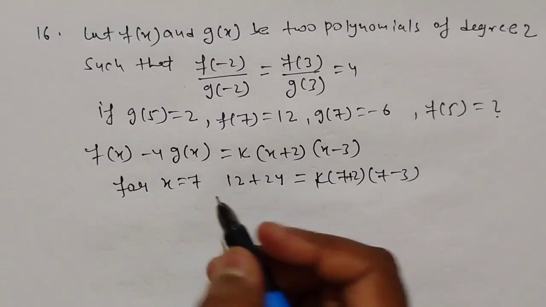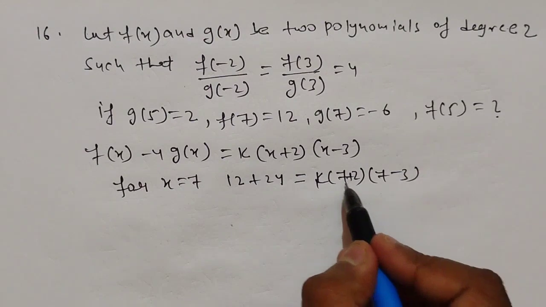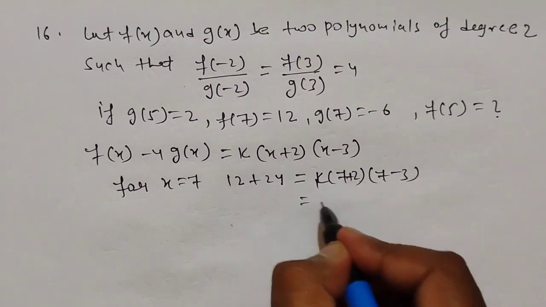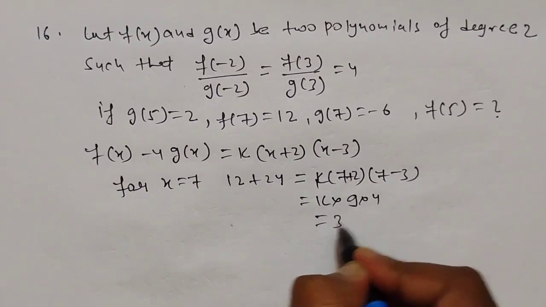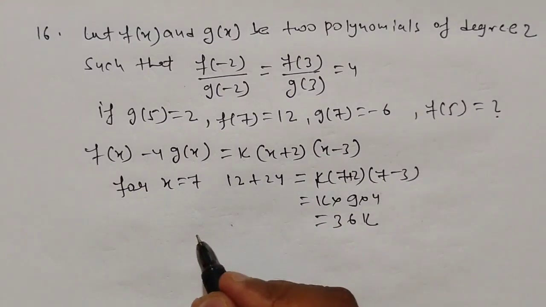So now we have, this is 7 plus 2 is 9, 7 minus 3 is equal to 4, so this is 36k.